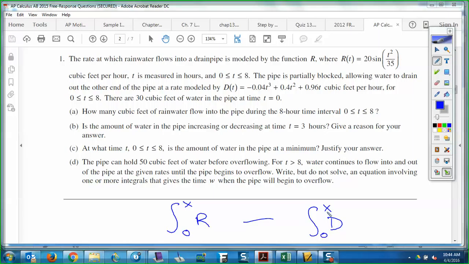Because R and D are both in terms of T, right? So I want something else, so I'll put X. Okay? And then set that equal to 50? No. We're missing one piece of information.